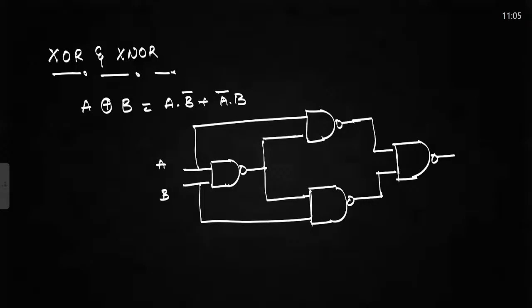Okay, now here what we are having. So for the first NAND gate, the output is A and B bar. So same we will get to this one.